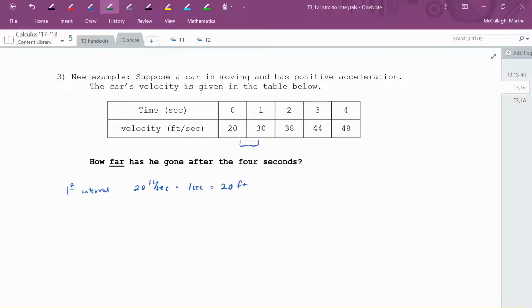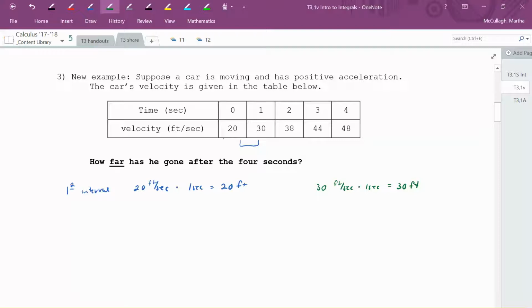It's also possible that for most of that interval, the car could have gone 30 feet per second for that 1 second, going a maximum possible of 30 feet.